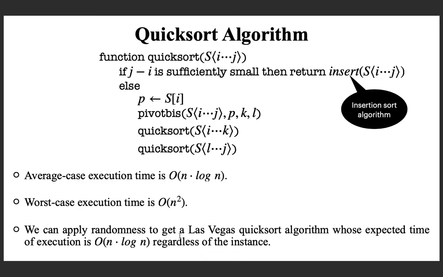So we can apply randomness here to get a Las Vegas quicksort algorithm whose expected time of execution is n log n for all instances, that is for both the average case and worst case. So what it is basically going to do is, rather than selecting a particular element, it is going to select an arbitrary element from the sequence. That is the only difference.